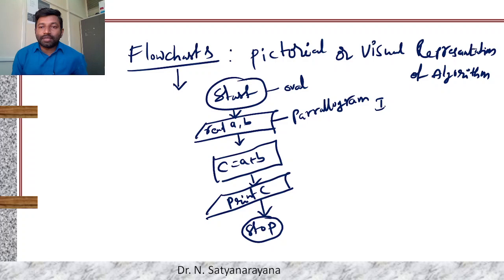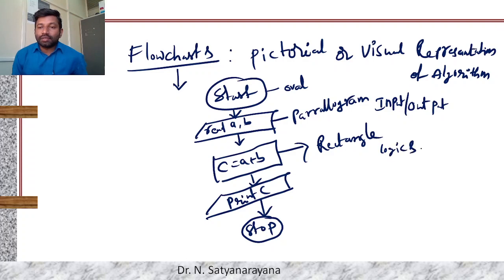So we normally represent input and output operations in parallelogram. So we have rectangle. So mathematical operations, so logics and arithmetic operations are represented using rectangle. Again, this is a parallelogram, oval symbol.